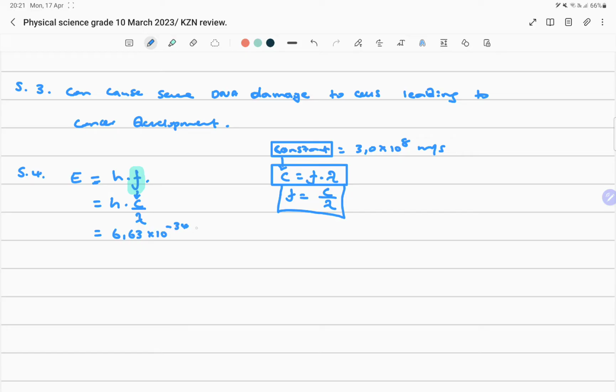Now we're going to multiply this. This is 3,0 times 10 to the 8 divided by the wavelength, which is 700 nano. Nano means times 10 to the minus 9. Again, remember these prefixes, and know them all. There is a table in your textbooks that lists all of these things, so you should be able to do it.